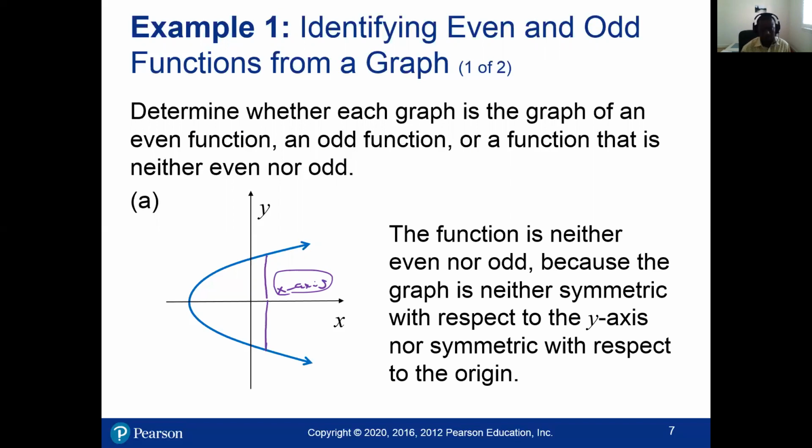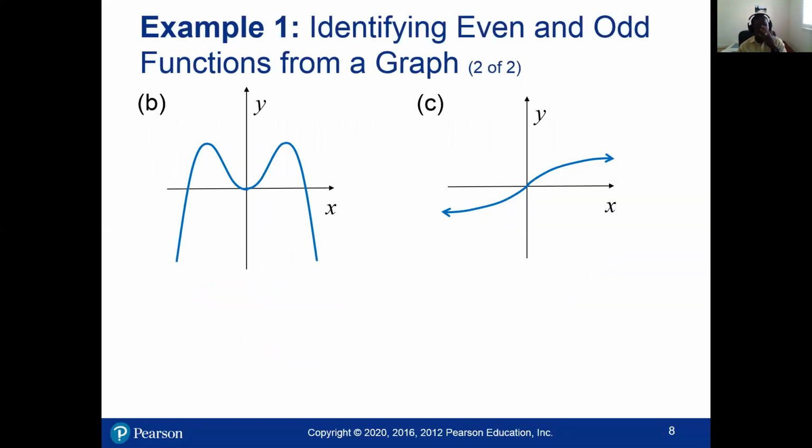Next, look at graph B. If I draw the distance lines, it's the same on both sides.